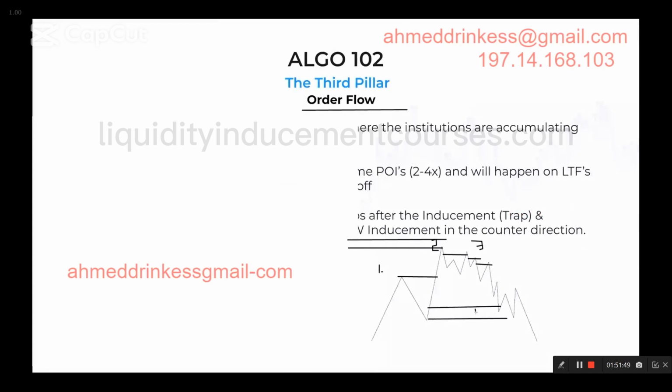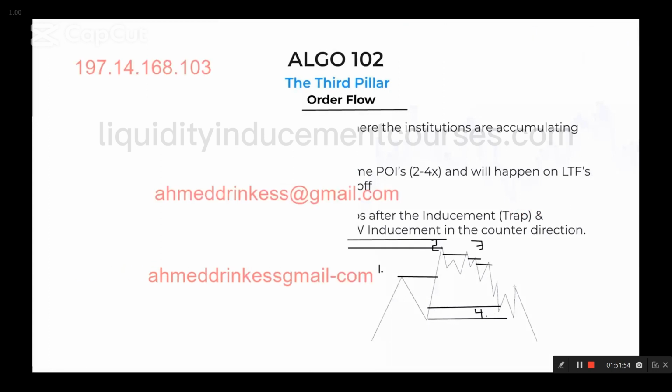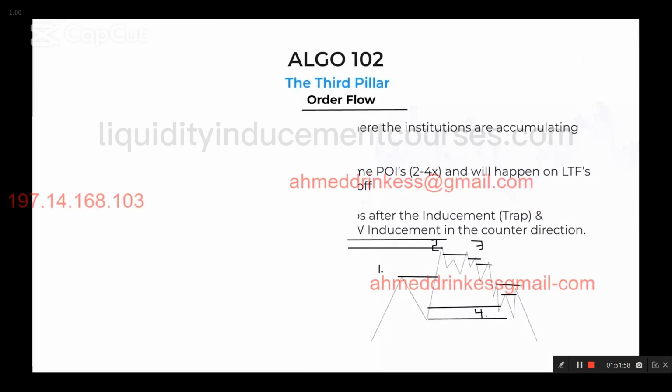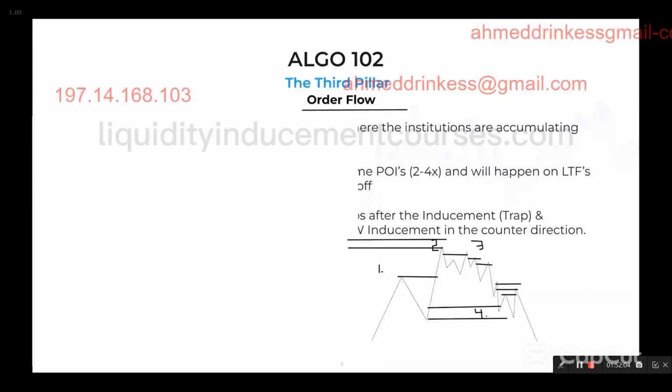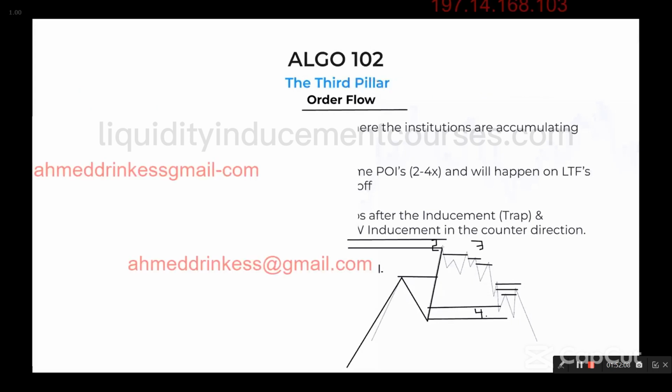Four is our SMT. Order flow. And then, of course, as soon as SMT is mitigated, it comes back to our order flow. And then after 4, SMT to order flow, 5, then of course is just going to be a new trap.